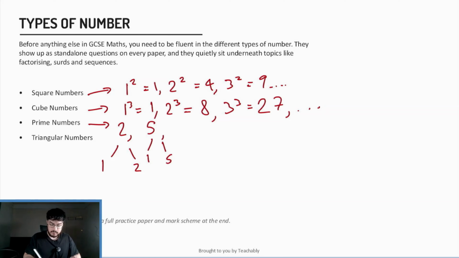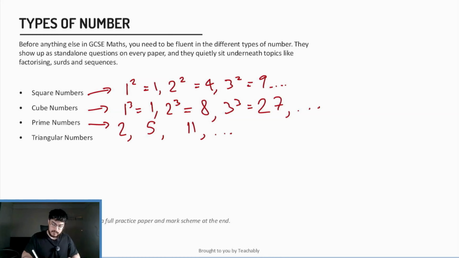We can look at 11. 11 is 1 and itself. You can't break that down into any more numbers, so there are no more factors for these. There are many prime numbers, and we're going to do a few more things on this, but let's just focus on identifying them first. We've got 7, those types of things.